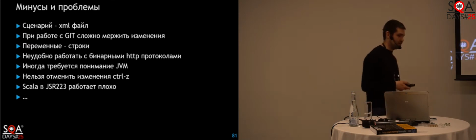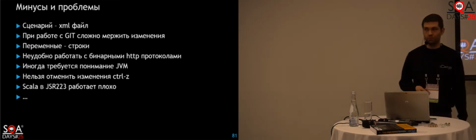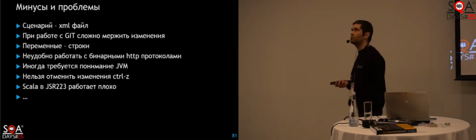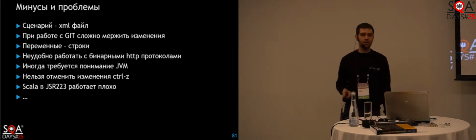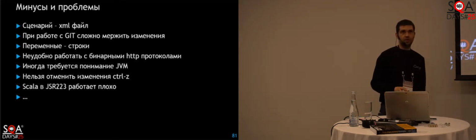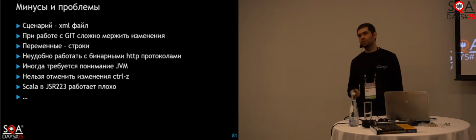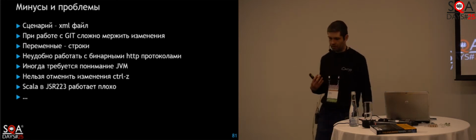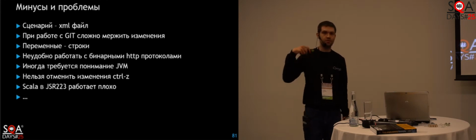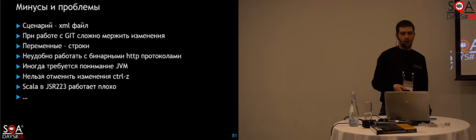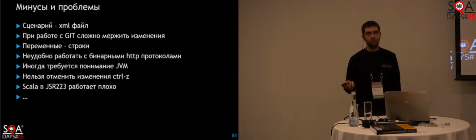What about minuses, disadvantages and problems? It's an XML file, so it's difficult to develop a scenario. As for Git, you also have some problems with it. It's difficult to merge changes. The variables are lines, and we handle them with the help of inscriptions in the file.